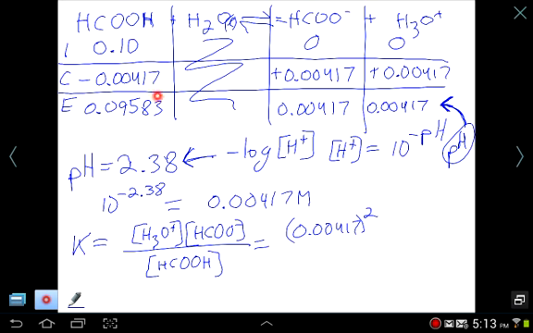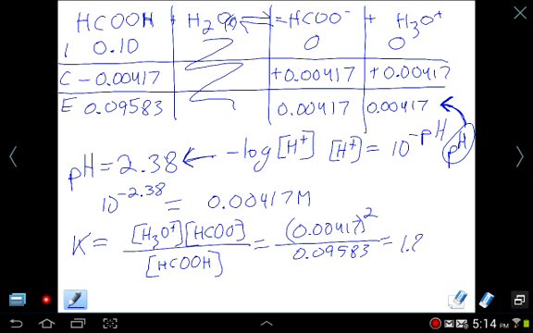Remember, these are the equilibrium concentrations that go into the equilibrium expression, divided by our reactant, 0.09583. Plug those numbers in and see what you come up with. And you should get 1.81, or 1.8 in this case, 1.8 times 10 to the negative fourth. And this is the Ka of the acid.